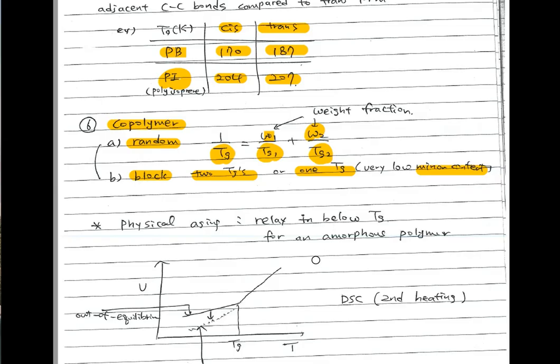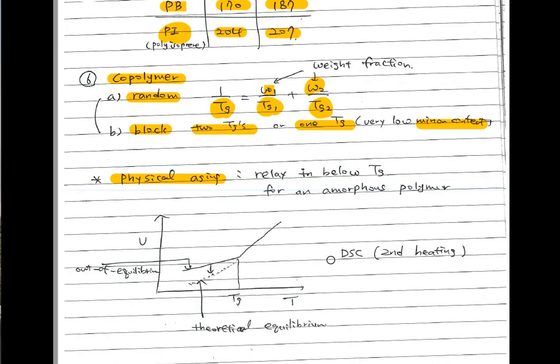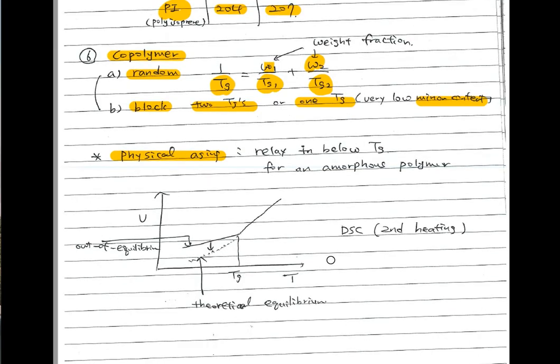Before we move on to the theory of Tg, there's also a very interesting behavior of amorphous polymer, which is called physical aging. It's very important, and also is used when you use polymers in industry.